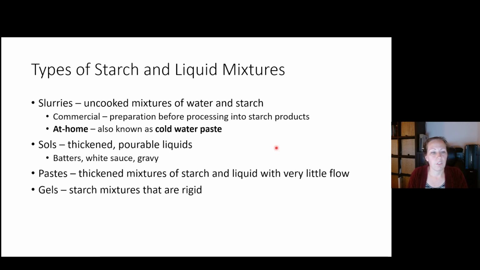Then the final level of starch liquid mixtures is a gel. And so these are mixtures that are rigid. Now, in the book, it talks about junctions. I want you to completely disregard that term in the book. Don't use it, because they don't really define it very well.